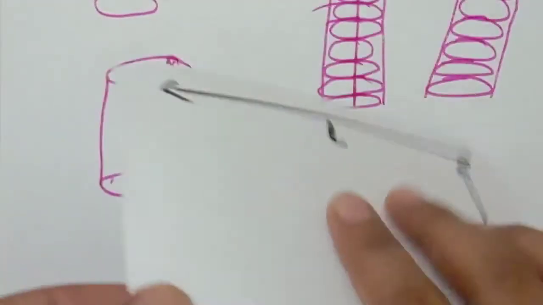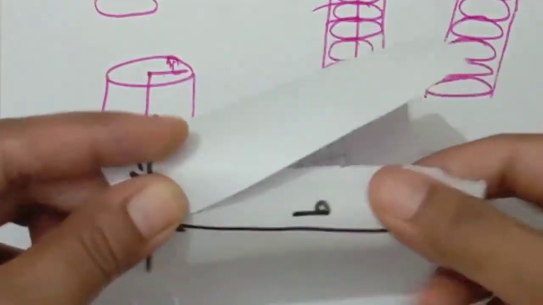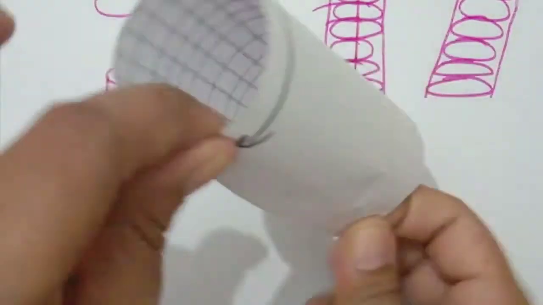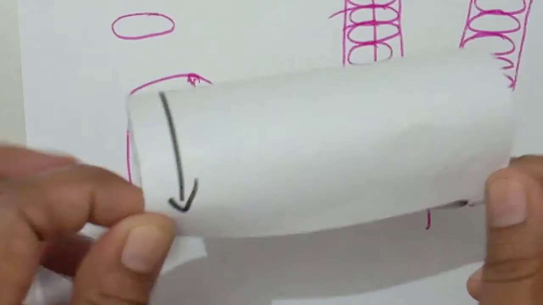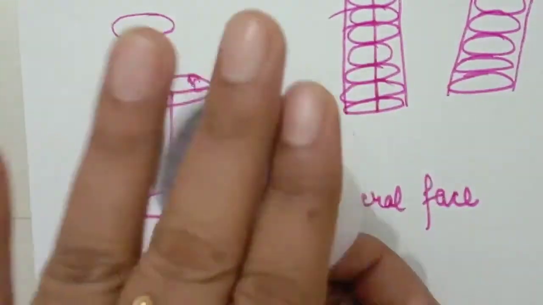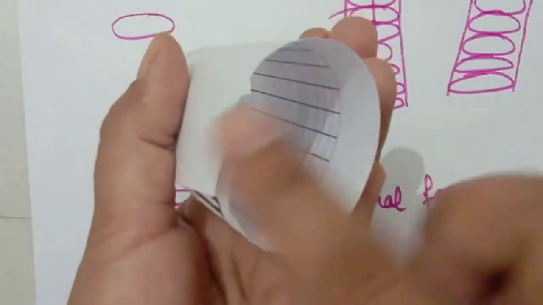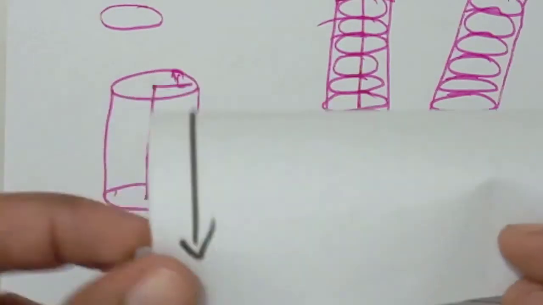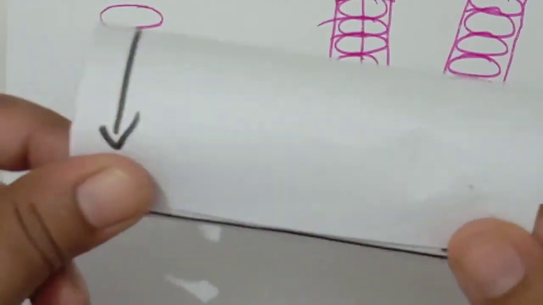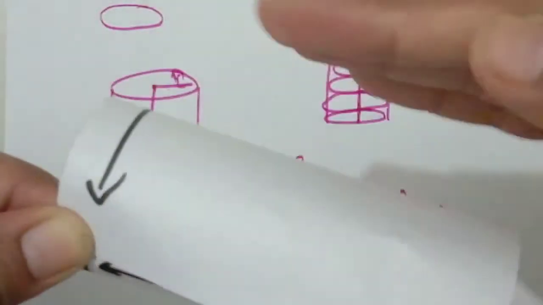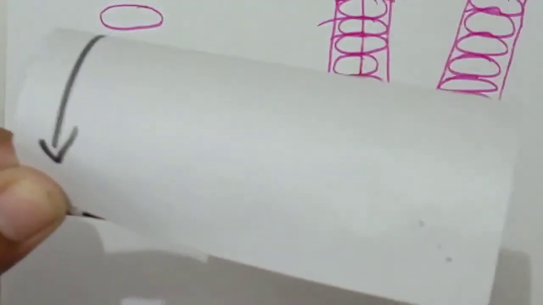When we fold this sheet like this, now this is a cylinder. We call it a cylinder. So this is the first circular base, this is our second circular base, and this part is the curved surface, which is the third face of the cylinder. This is the curved part of the cylinder. So we have a total of 3 faces, first, second and third, this one the curved face.